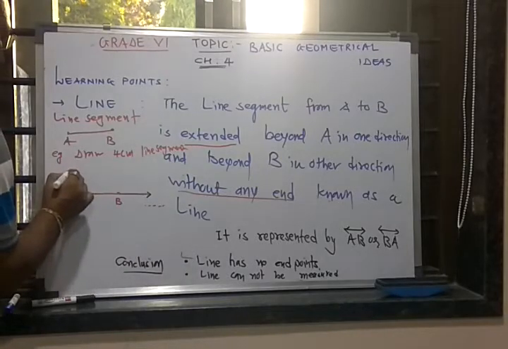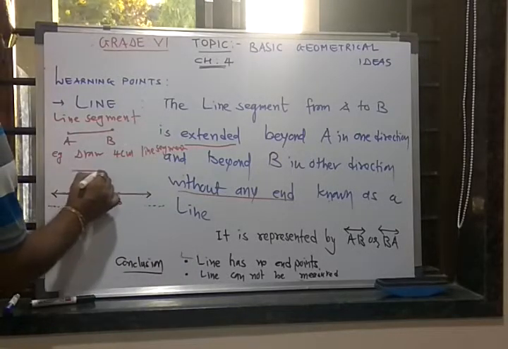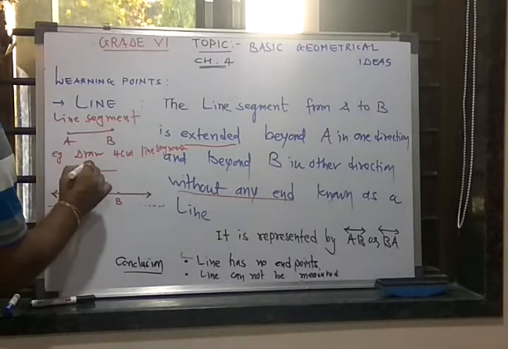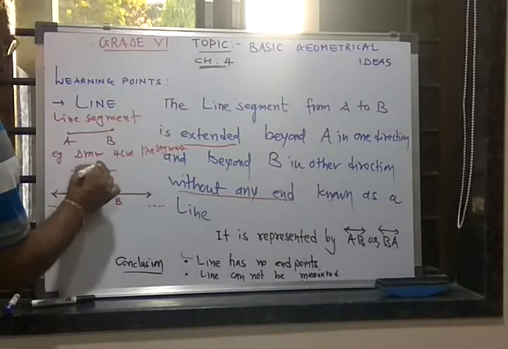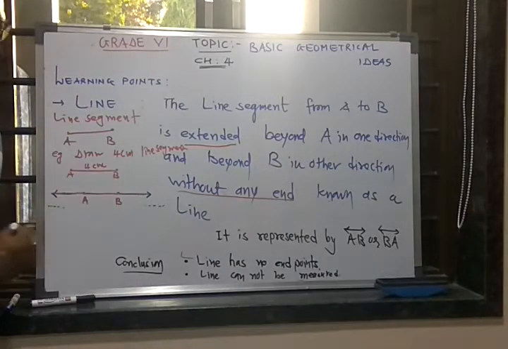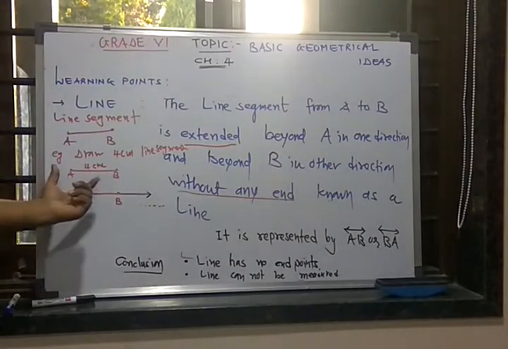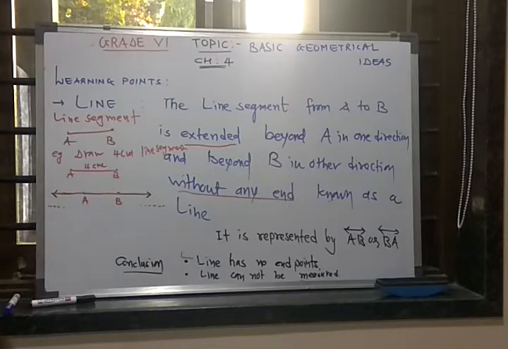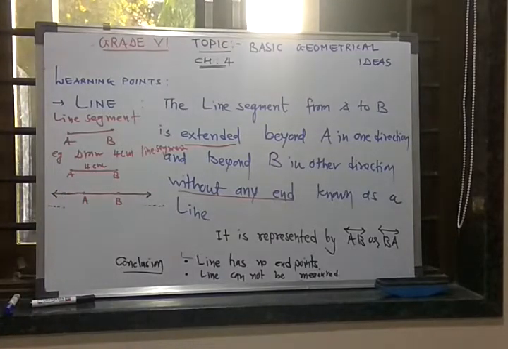So the students draw with the help of a scale 4 centimeter. Shortest distance 4 cm. This is a line segment. But you cannot say draw a line 4 centimeter. It is wrong.